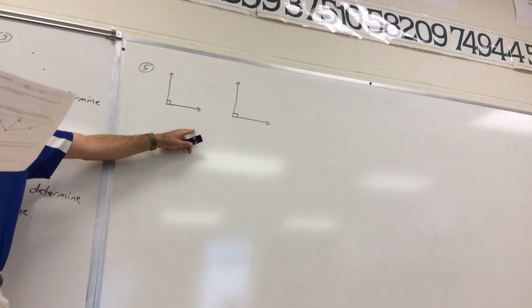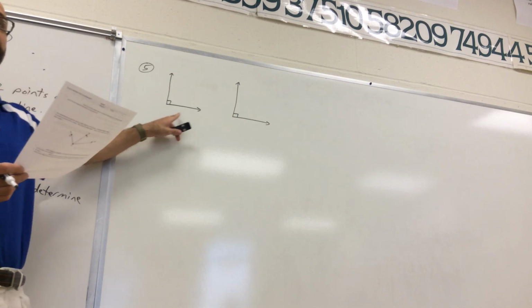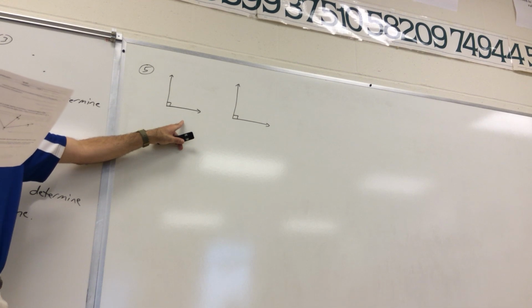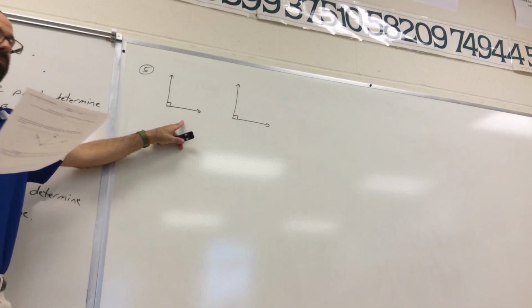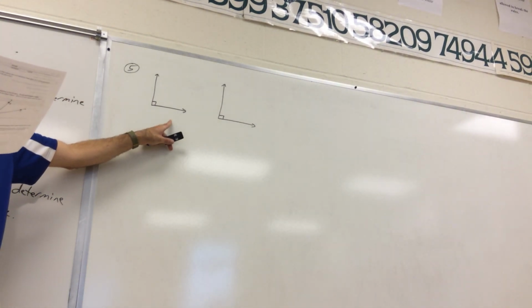And the word congruent means the same size and shape. So are these 2 right angles the same size and shape? They're definitely the same shape, right, because they're both angles. And then also they're the same size because they're both 90 degrees. So these 2 right angles are congruent. They're the same size and the same shape.